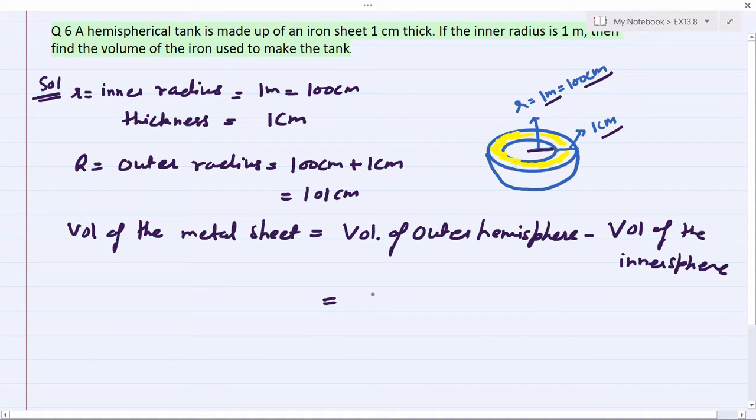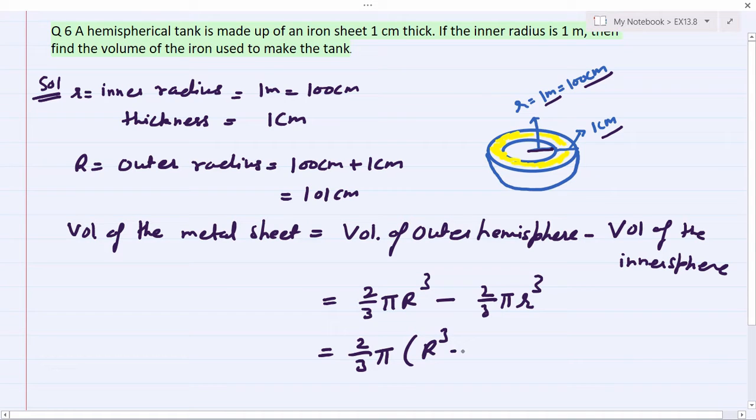Now you can write down the formula here. Volume of the outer hemisphere would be 2 by 3 pi capital R cube, and this is 2 by 3 pi small r cube. You can take out 2 by 3 pi common. What is left inside the bracket? R cube minus r cube.